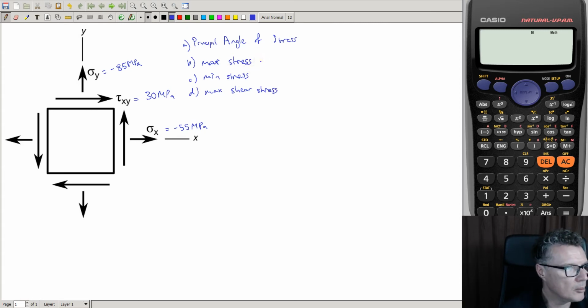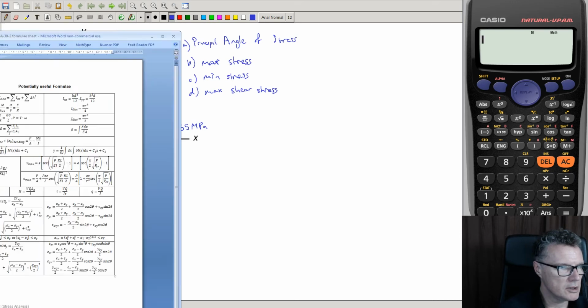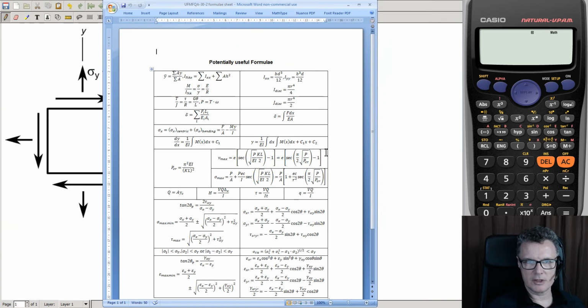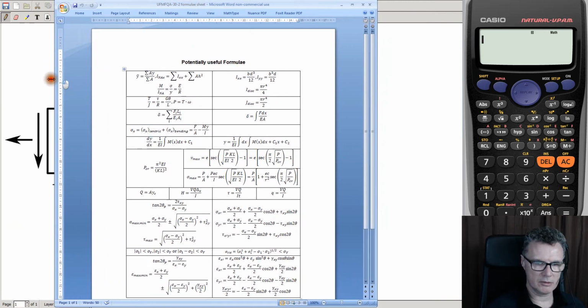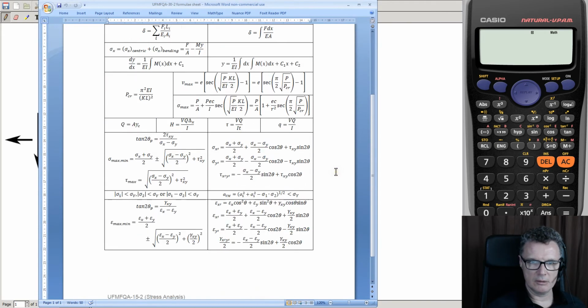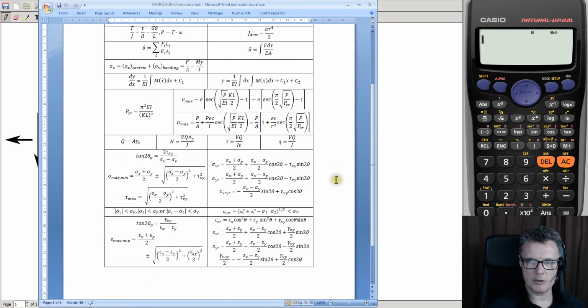So obviously we're going to grab our formula sheet and have a look at it and see if we can spot anything here that might be useful. Anything here that grabs your attention that you might want to use? I think this one is going to be for the principal angle. This will give me my maximum and minimum stress, and this will give me my shear stress.